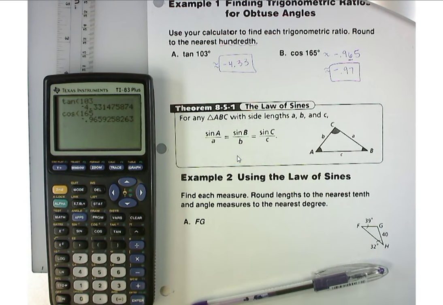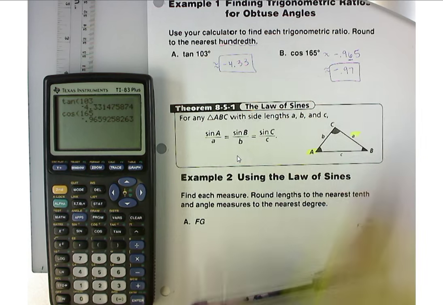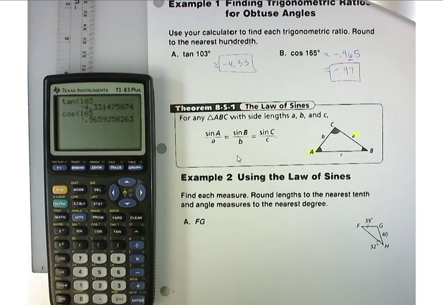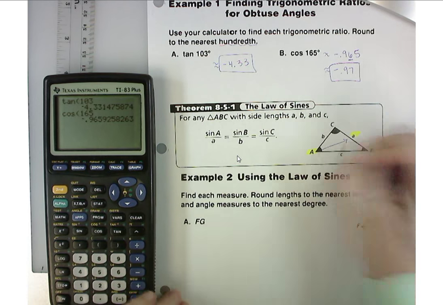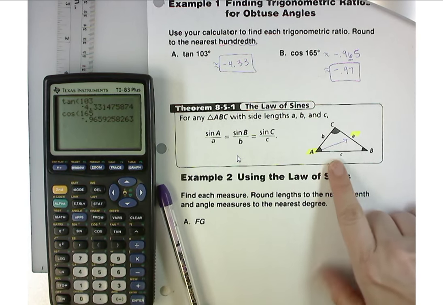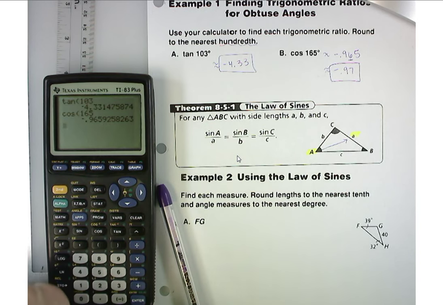Now, let's see what these actually mean. For your A, the sine of capital A is over little a. Let's look at their relationship. Here's A, here's little a. They're opposite, or across the triangle from each other. Notice this triangle does not look like the other triangles we have been working with when doing sine, cosine, and tangent, because those were right triangles.